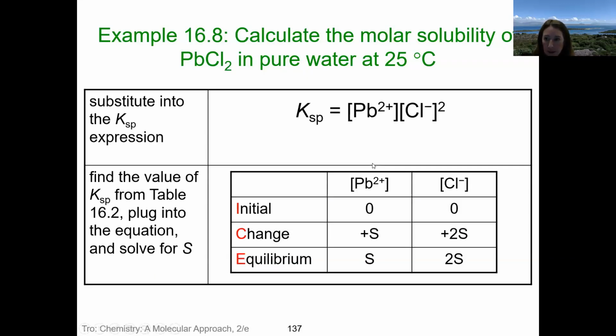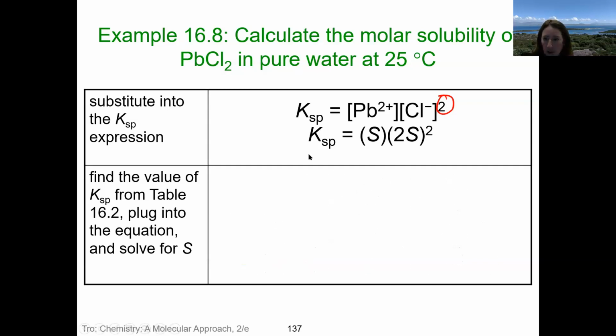So here's our Ksp. And so for our Ksp, we just plug in S, 2S squared. And then we just solve for our Ksp. Where do we get our Ksp? I think it was something times 10 to the negative 5th. It's on the table.